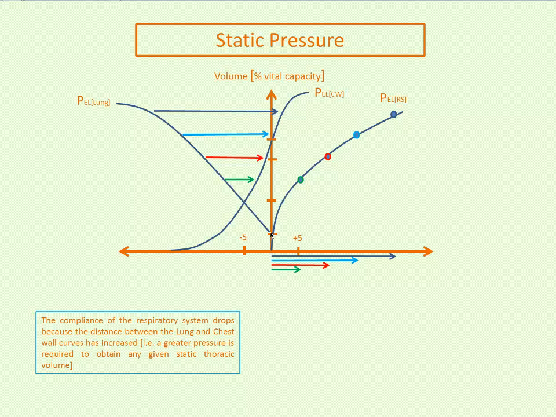You can sort of think if you were trying to ventilate a balloon that is being surrounded by your hands. The balloon is the lung and your hands are the chest wall.